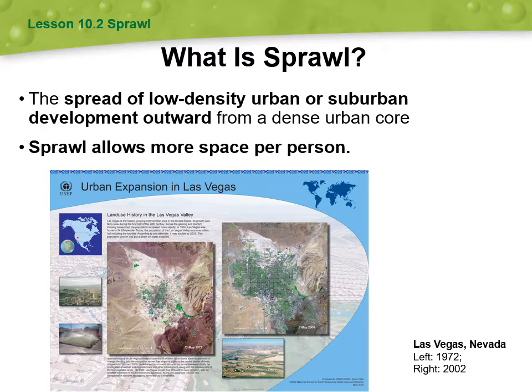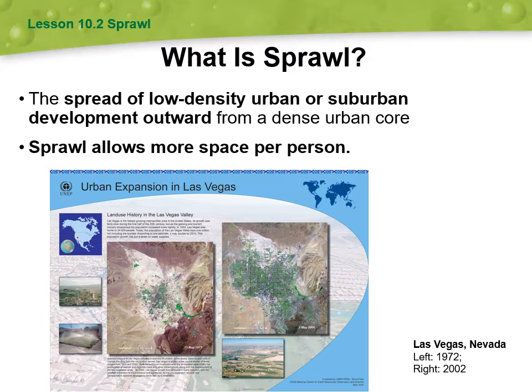So what exactly is sprawl? It's the spread of low density, and by low density I mean you have an individual house with a small individual yard. Low density urban or suburban development outwards from a dense urban core. So dense urban core is more like your skyscrapers where you have large apartment buildings with many floors of housing, right?